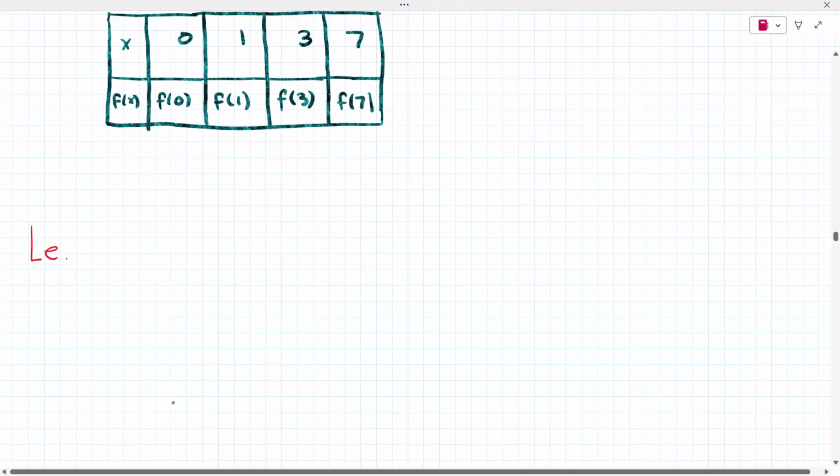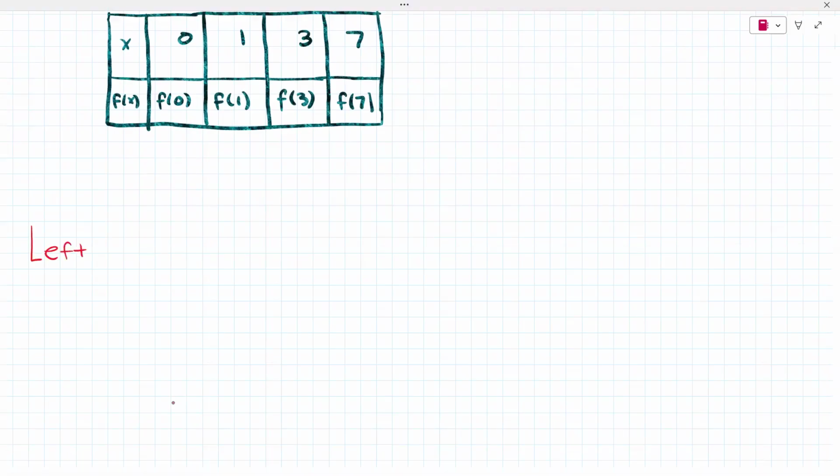So the first step is I am going to draw kind of like an image. Our interval is from 0 to 7.